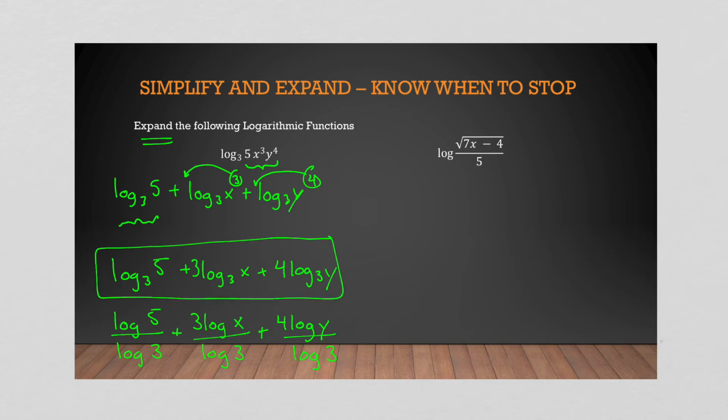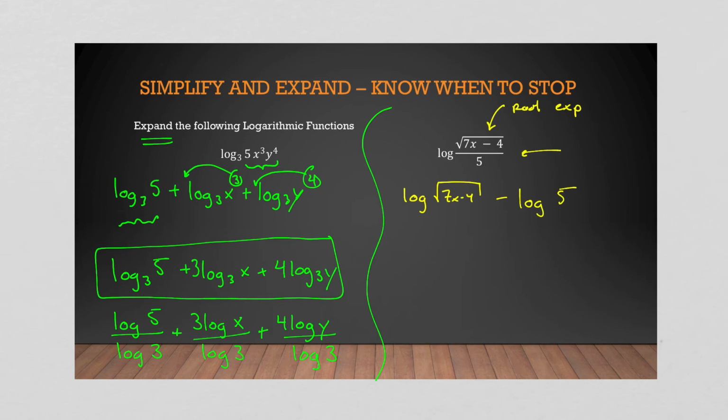Now for the second one, we're introduced to a concept that we haven't explicitly seen yet, but one that we should remember from earlier grades, and that's what a root symbol means with respect to an exponent. First thing though, I'm going to notice division. So I'm going to break this into log of the root of 7x minus 4, and then minus log 5.